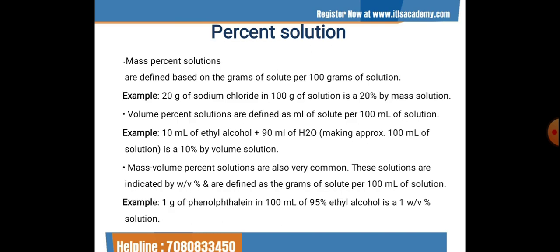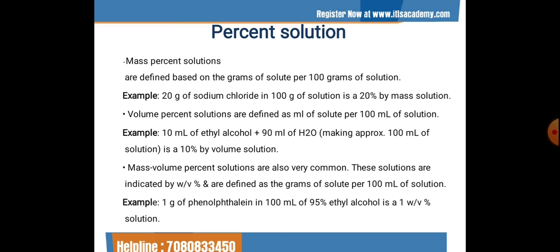Mass percent solutions are defined based on the grams of solute per 100 grams of solution. One thing you should keep in mind is that percent always indicates a value of 100. Therefore, here we do not talk about a 1 liter solution or a 1 kg solution.